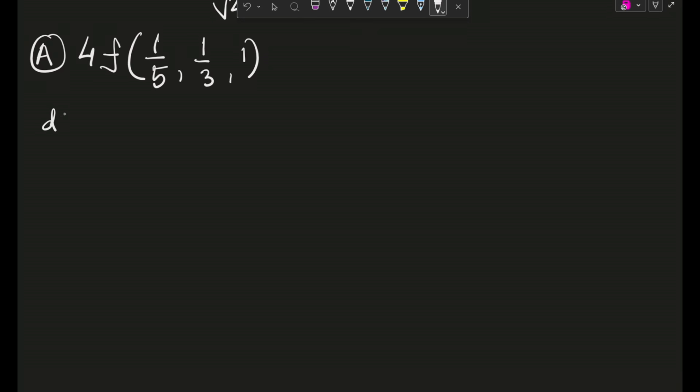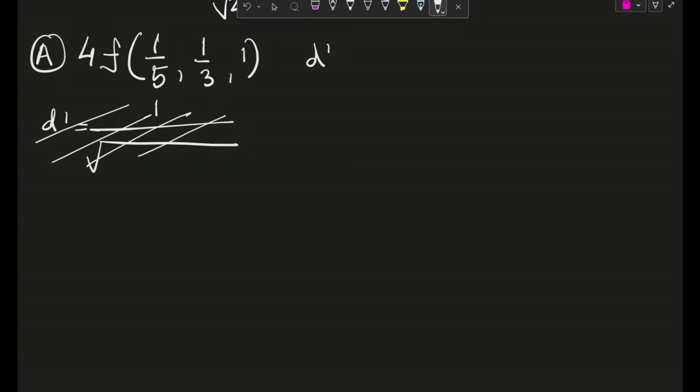I have already calculated d dash, so I am writing the direct values and then going into the solving. Just do that amount of work.